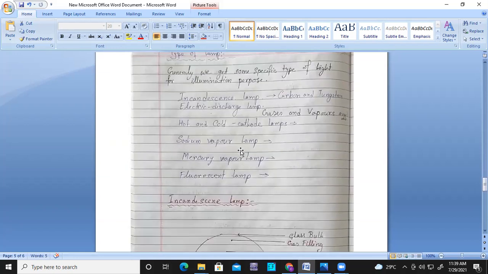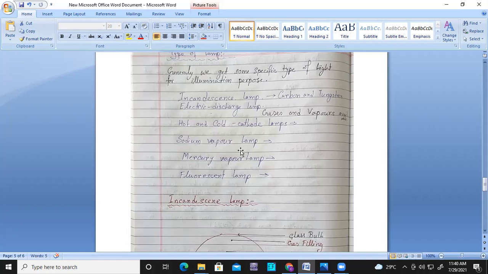Look, there are so many types of lamp, but in the visible light range, we are using technology for illuminating the area, and this technology is confined in some bulb form or lamp form, which differentiates each from the other. First one is the incandescent lamp. This is the generic carbon or tungsten filament lamp, or the electric discharge lamp.